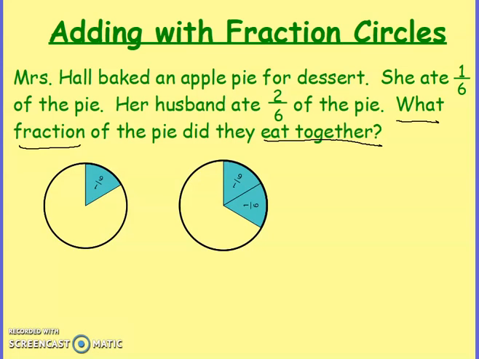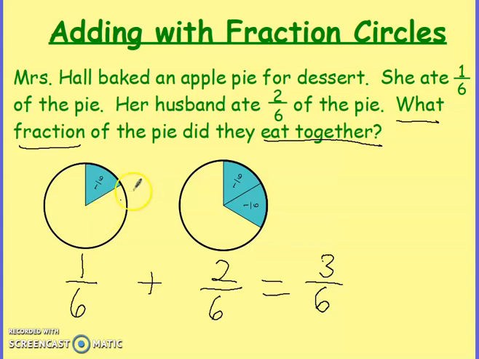Okay, so here are our two models modeling what we ate. So here's my 1/6 that I ate and the 2/6 that my husband ate, and we're going to put those together. Okay, so let's go ahead and add them. Add our numerators. 1/6 plus 2/6 equals 1 plus 2 is 3, and then our denominator stays the same. 3 what? 3/6.